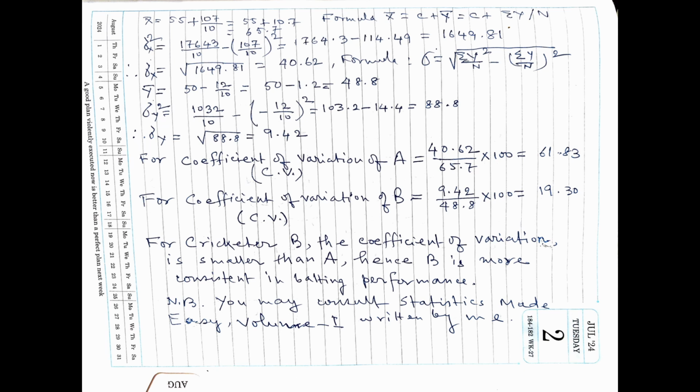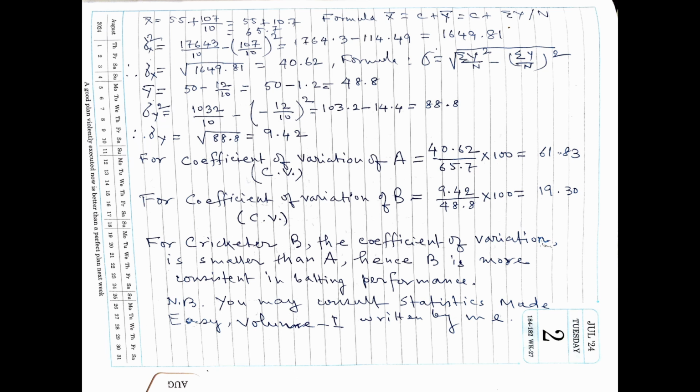Formula used here for calculation of sigma X is equal to root of summation Y square by n minus summation Y by n whole square. Again we are calculating Y bar is equal to 50 minus 12 by 10, is equal to 50 minus 1.2, is equal to 48.8.